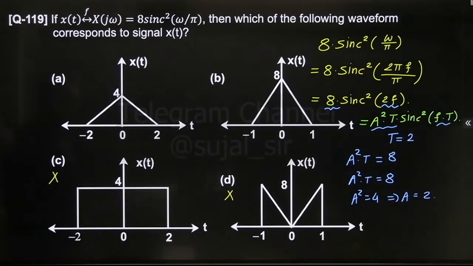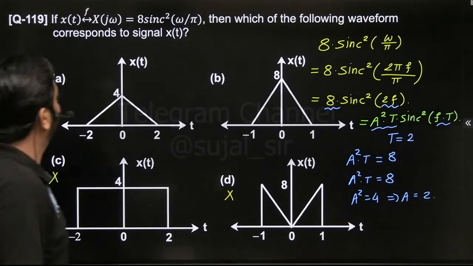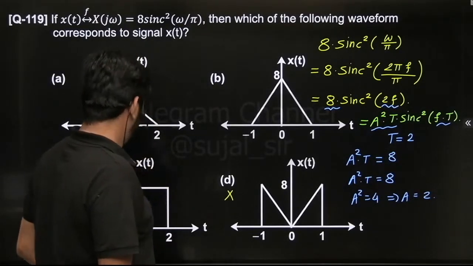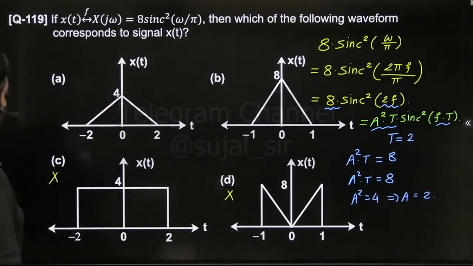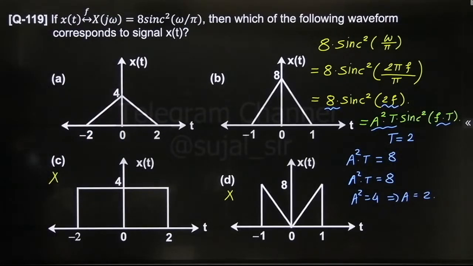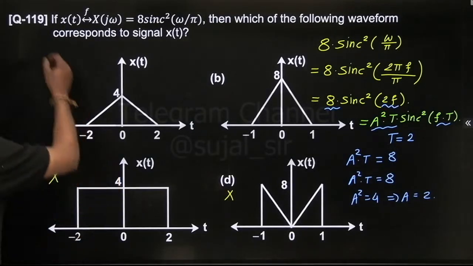A equal to 2, minus 2 to 2, A squared T equal to 8, T equal to 2, A squared equal to 4, A equal to 2, guys, correct. 8 sinc square omega by pi, 2 pi f. I think maybe it is a printing mistake. So later we will see, guys.